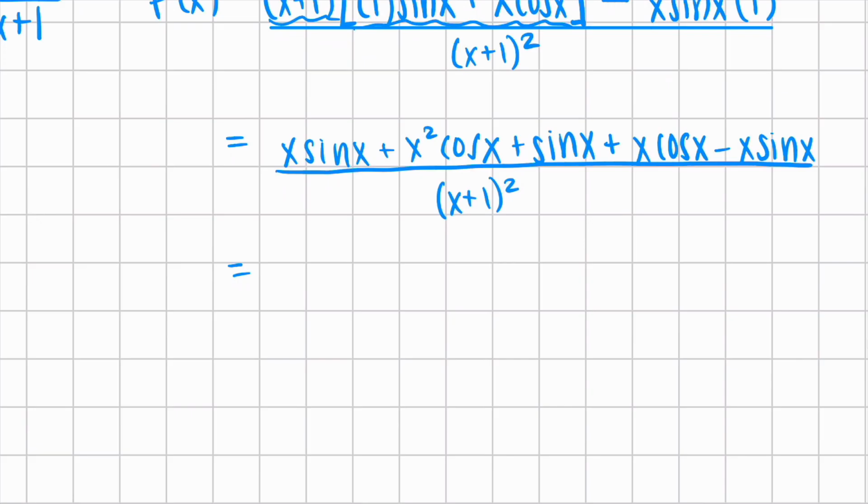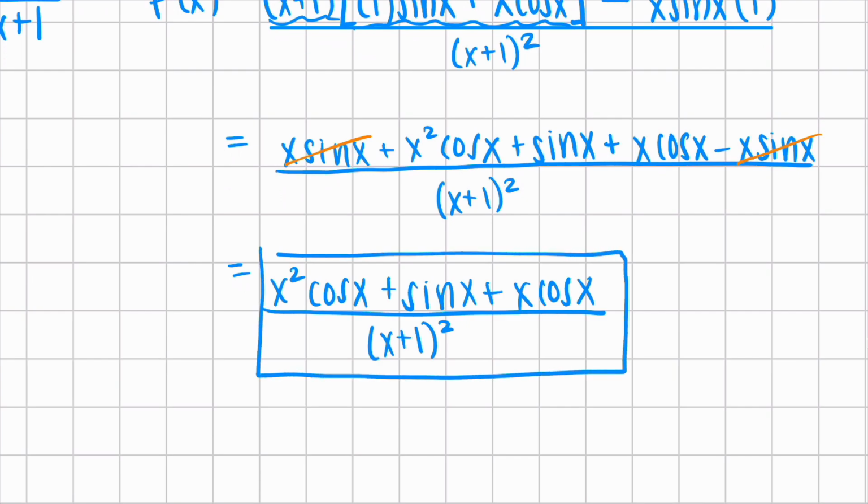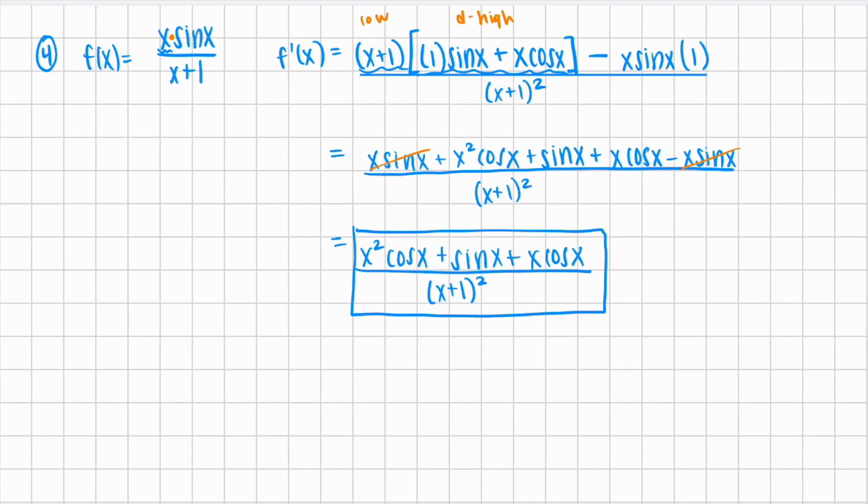Notice that your x sine of x terms cancel. I have x squared cosine of x plus sine of x plus x cosine of x all over that x plus 1 squared. And that is that last derivative. So these are a few quotient rule examples. Thank you for watching this video.